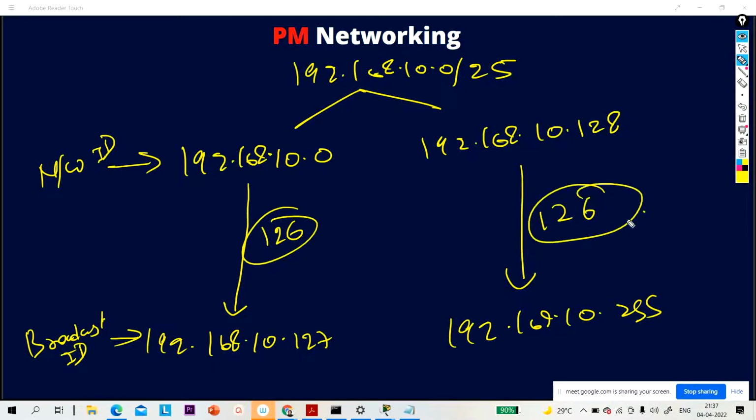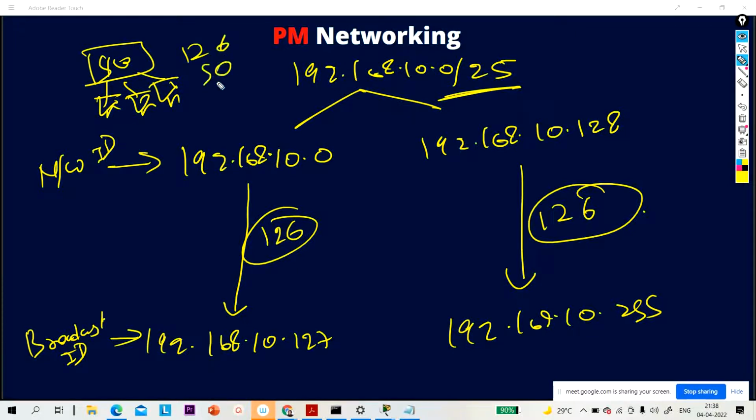So when the slash value was 24, there was one network and 254 valid hosts. Now the slash value is 25, we have two networks and in each network there are 126 valid hosts. Now if I design one network with 50 users, how many IP addresses will I waste? 126 minus 50, 76.